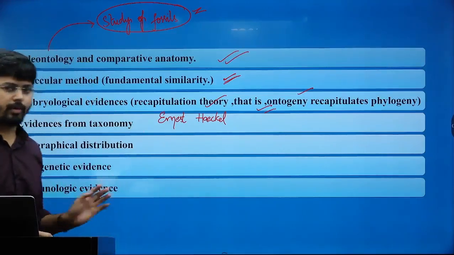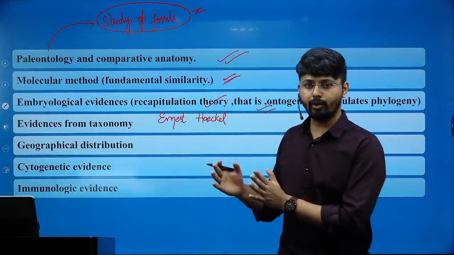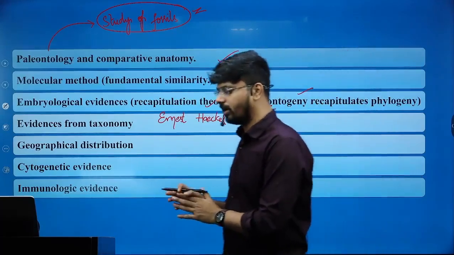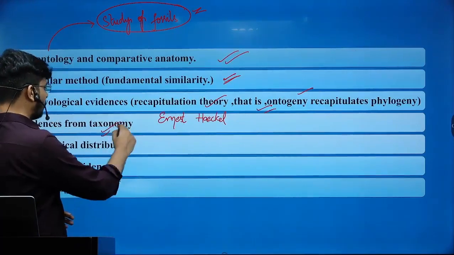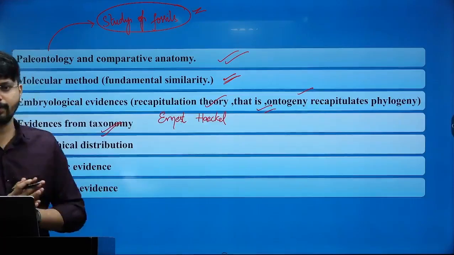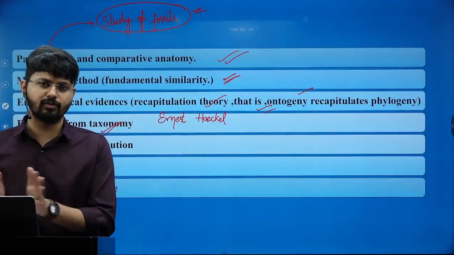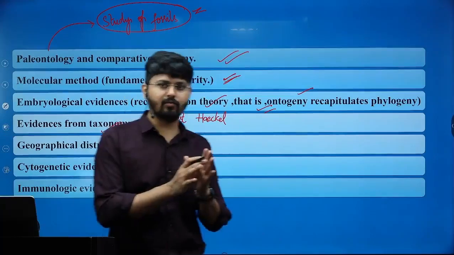From embryonic study, you study the embryos of human beings and the embryos of other forms, and through that you will understand. Next, coming to taxonomy. Taxonomy is nothing but arranging different species based on names. You give different names to different species and arrange them, and through that you will understand from where what has come.